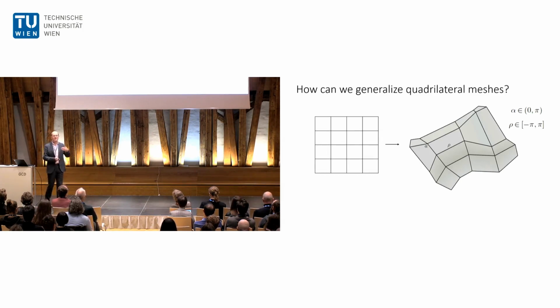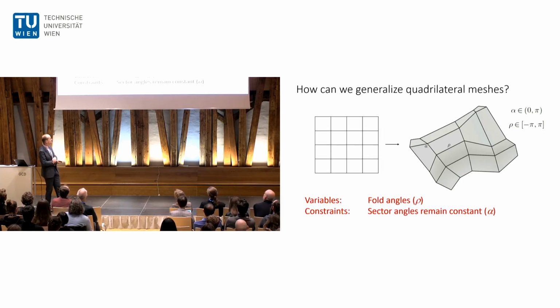And the modelling that we're doing now is much more geometrical. So what we do is we now think of the variables as being the fold angles for the structure, and our constraint is that the sector angles that we describe have to be maintained.